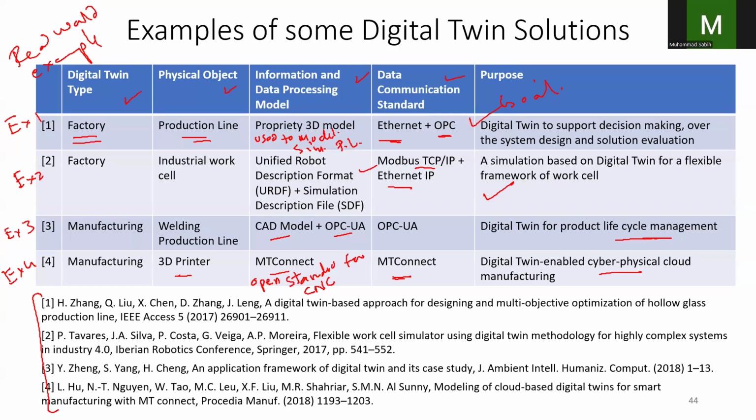So the key takeaways: these examples show that digital twins are not just simulations, they are live data-connected systems powered by protocols like OPC UA, Modbus, and MTConnect. This makes them foundational for IIoT systems where real-time monitoring, control, and optimization are required in the industry.